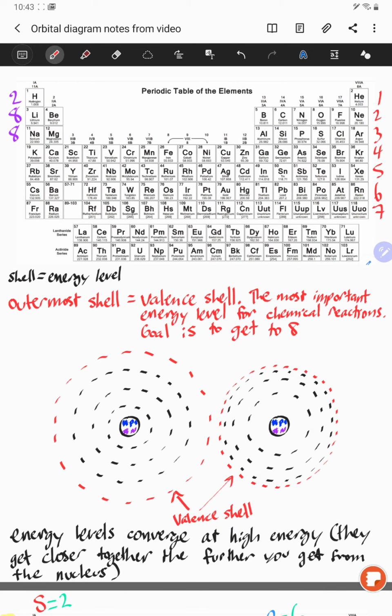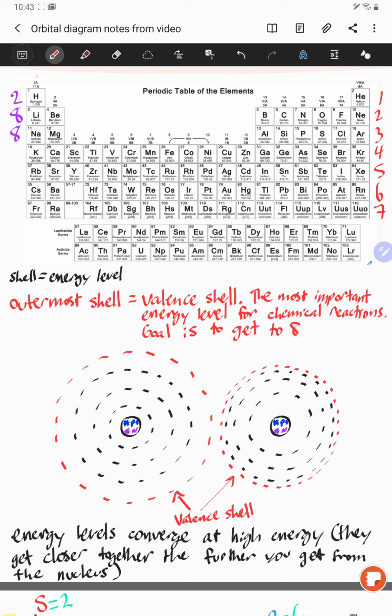And now we're going to talk about how the valence shell, the number of valence electrons, can be determined with the number of the column number. So the first energy level, second energy level. We're going to skip this part right here, and we'll explain why later.